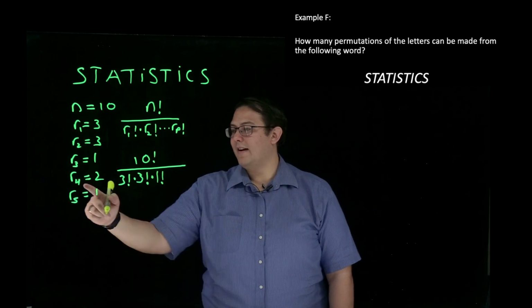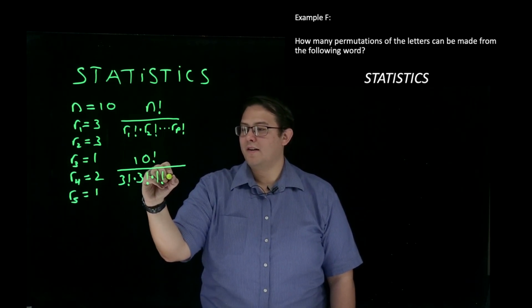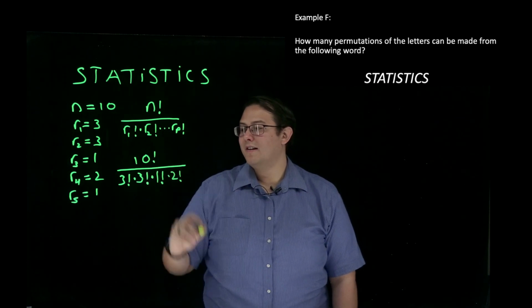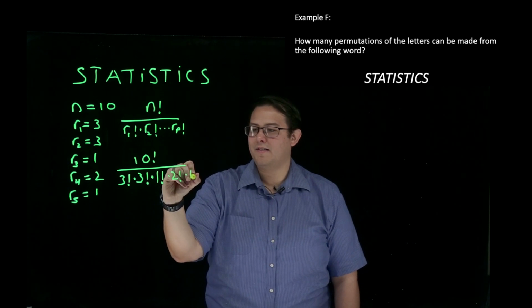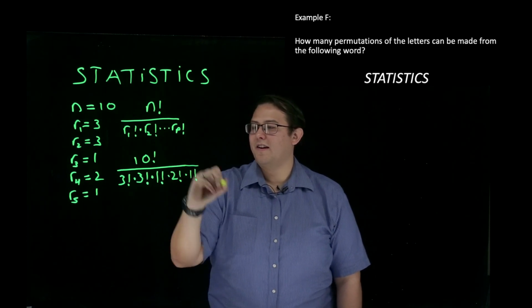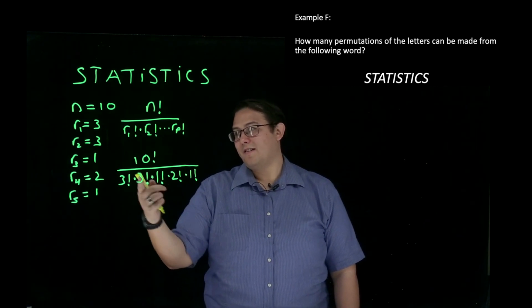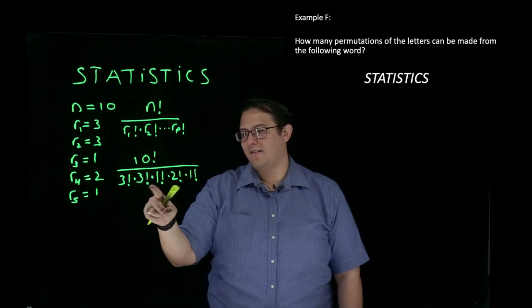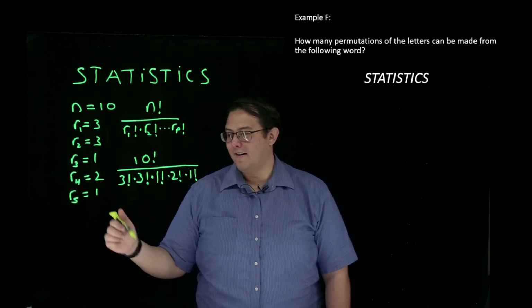And then we got R4, which is 2, the number of times I repeats, so times 2 factorial. And then the last one is the C. Again, you don't need to put the 1s, but it's good for the check to make sure you got everything. So if you put the 1s in, just like over here, they had the 10, these numbers here should add up to the 10 as well. So this is what we got to figure out.